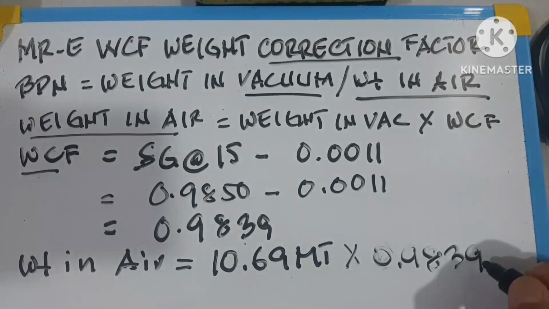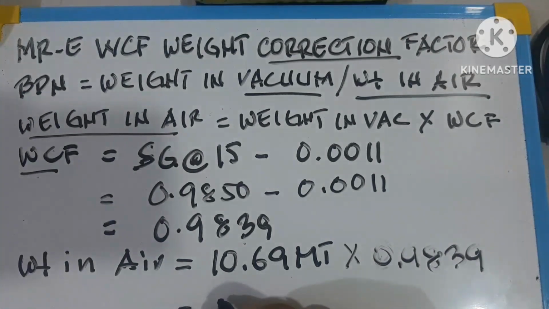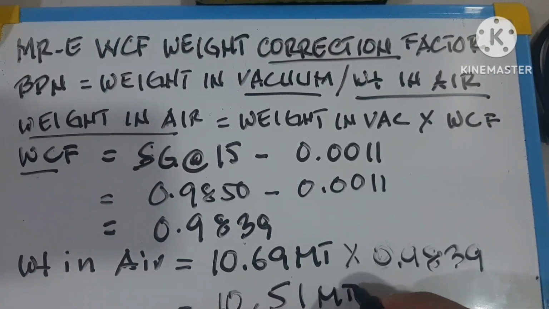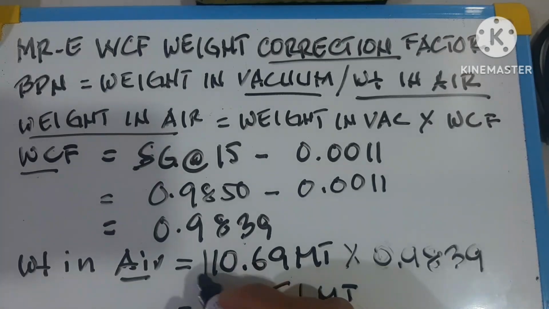We will get 10.51 metric ton, which is now equivalent to your weight in air. So the weight of fuel oil in air now is 10.51. As you can see, it went down. From 10.69, which is the weight in vacuum, it becomes 10.51 metric ton.